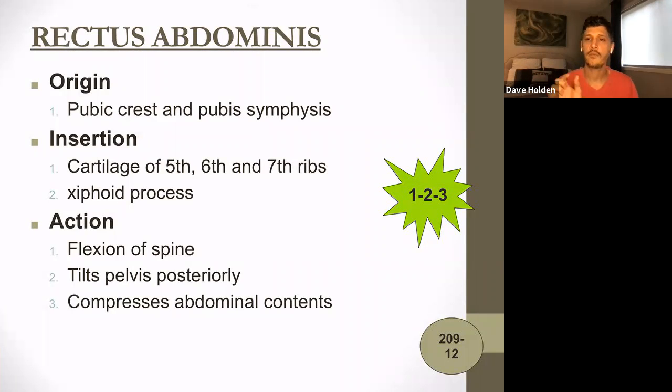So origin, pubic crest, and pubic symphysis. Remember, because the origin is the least movable, and we're talking about moving the spine, so origin is down below. Insertion, cartilage of ribs 5, 6, and 7, and the xiphoid process. The action is flexion of the spine. And when they contract, they tilt the pelvis posteriorly.